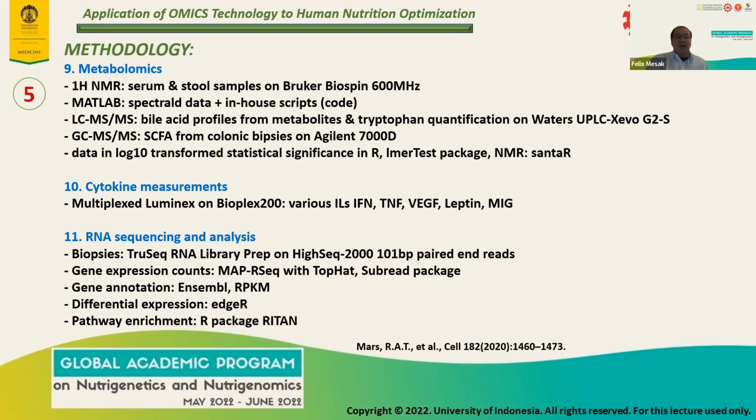They isolated the RNA and then run it using Illumina RNA library prep, and then check the gene expression count using several packages over there, MAP-RSeq with TopHat, then annotate the gene using Ensembl, their RPKM, and then check the differential expression, and they use EdgeR and the pathway enrichment to find out, and using R packages.